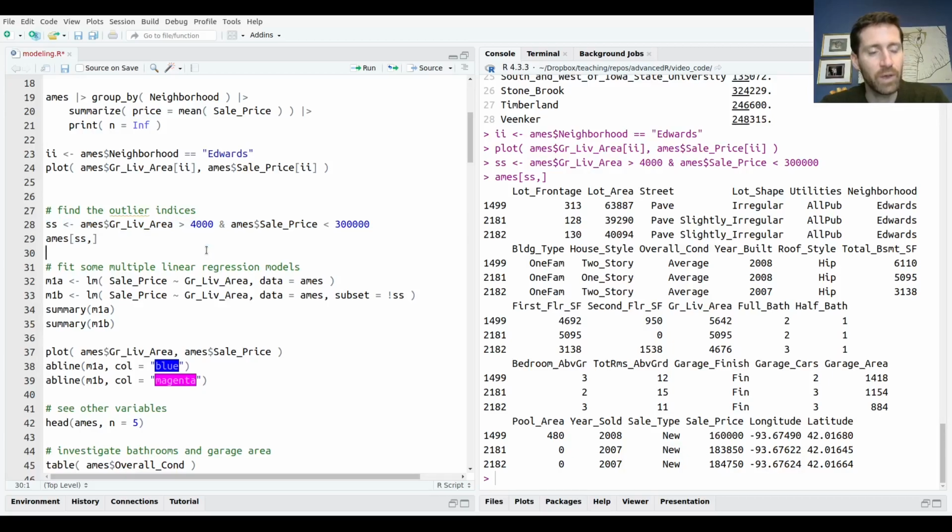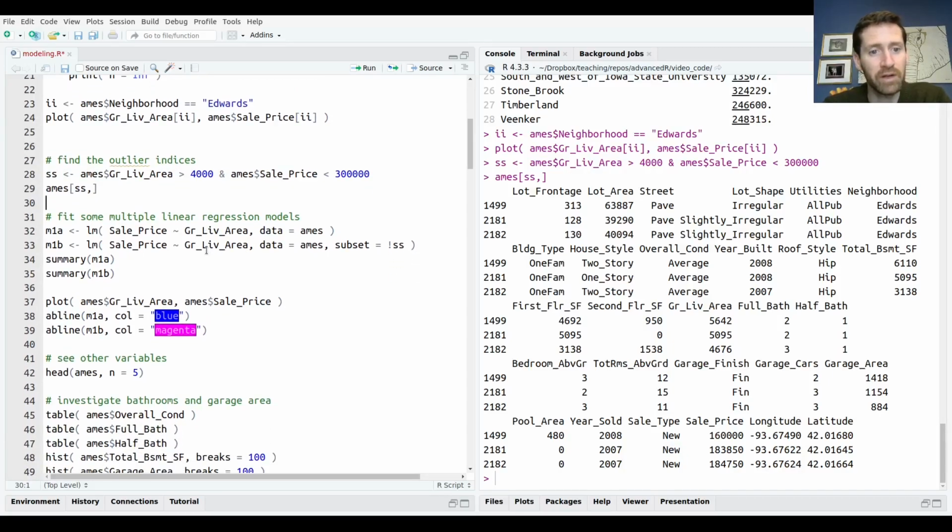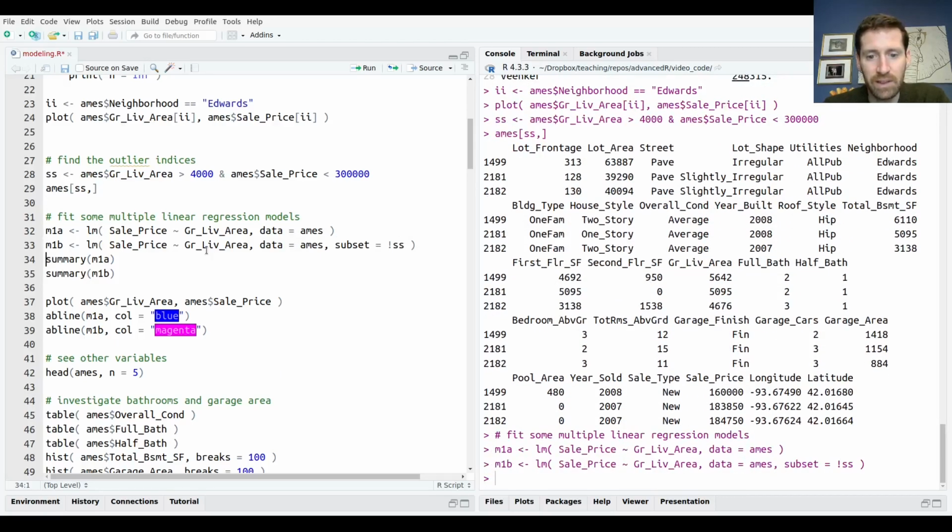And what I'm going to do, just to illustrate the effect of removing or not removing these outliers, is fit two models. Very simple models, just one variable. One of them I'm going to subset to the not outliers, and the other one I'm going to leave them in. So let's fit those two models.